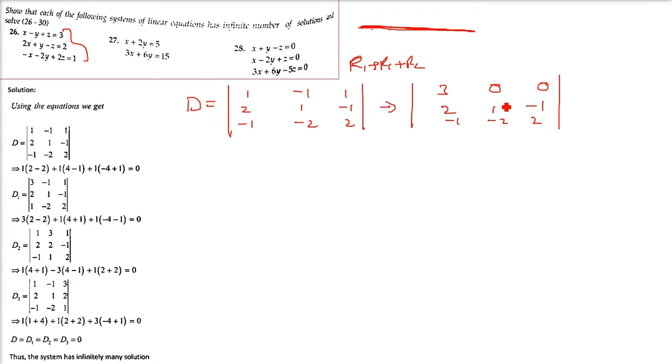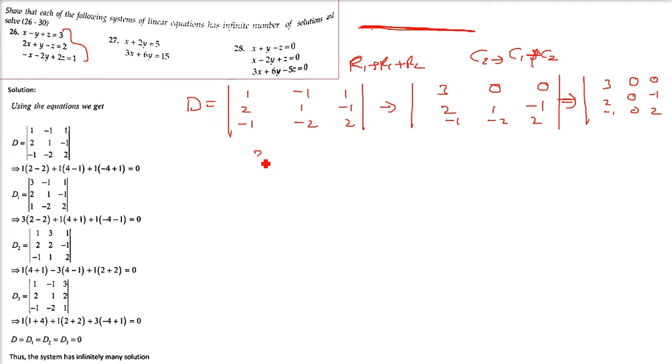Now you can add column 1 and column 2, so that you get 1 minus 1 as 0 and 2 minus 2 as 0. So column 2 changes to column 2 plus column 3, and you get 0, minus 1 and 2 here.